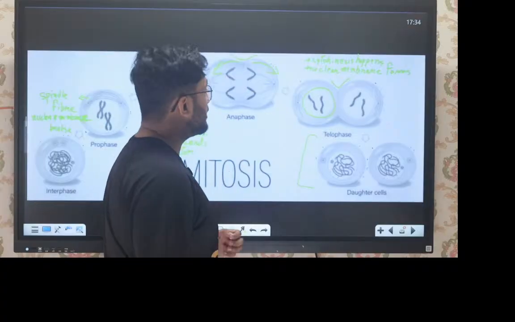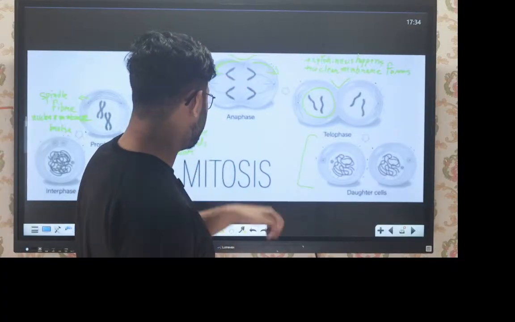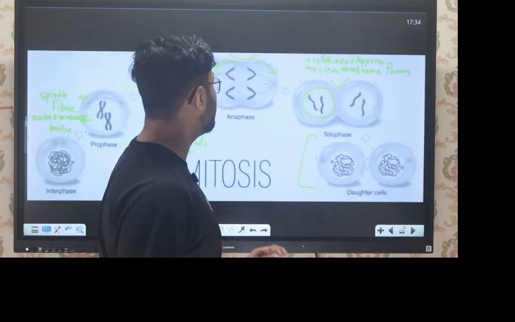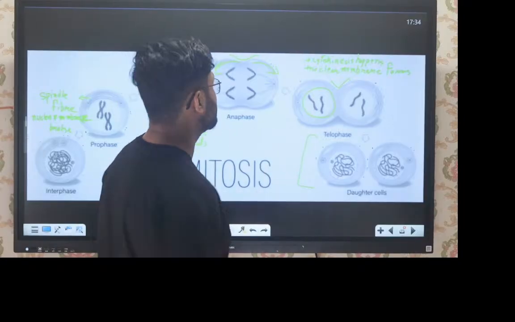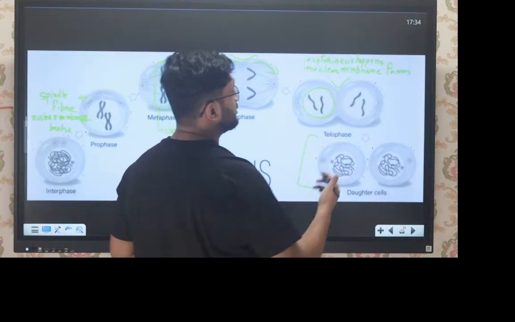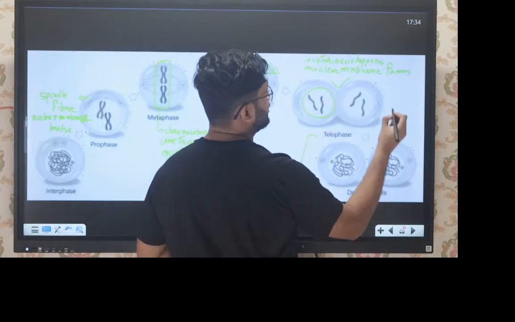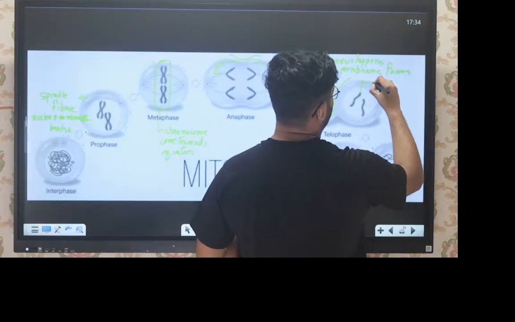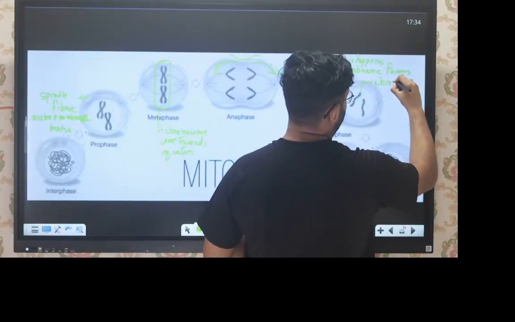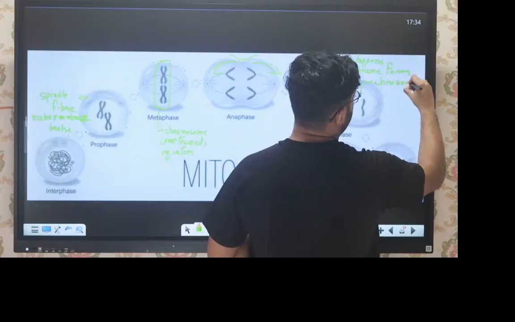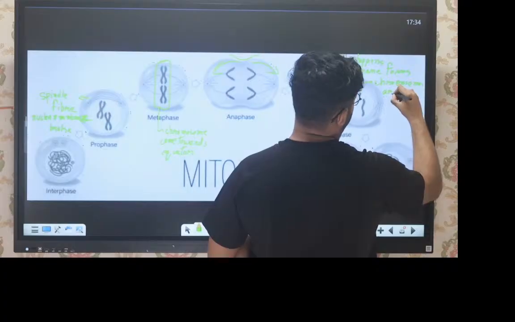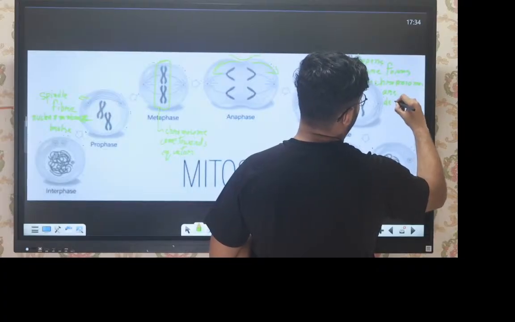And another thing I can see is that the chromosomes are decondensing. So as you can see, the chromosomes are decondensing. I'm just going to write it here: the chromosomes are decondensing.